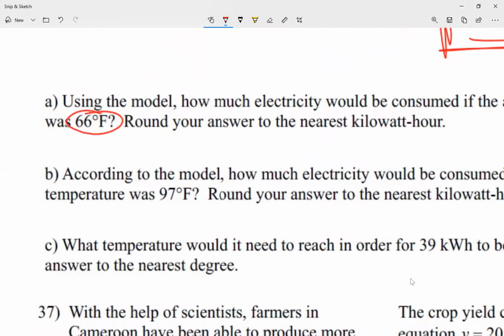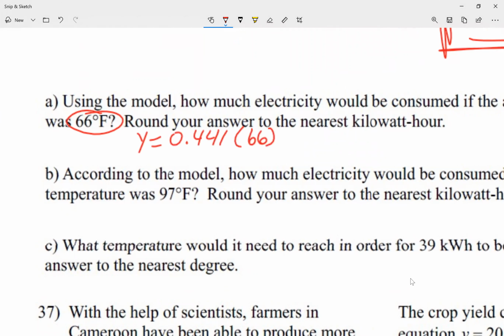In this case, temperature, we said x. Again, I'm just using the equation given, and I replace my value of x.